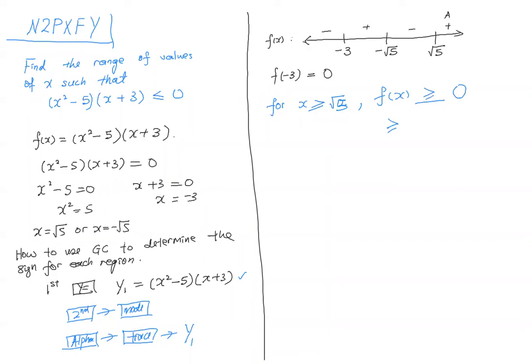So now, if we go back to the question, the requirement of the question, what does the question want? This is my fx. What does the question want? The question wants less than 0, correct? So what is the range of values of x?